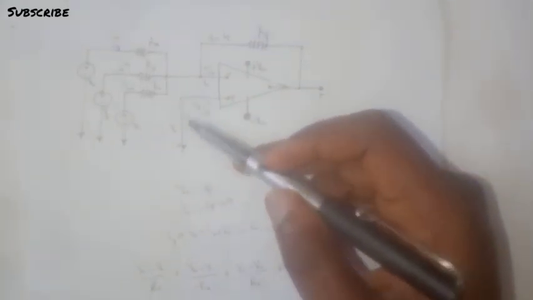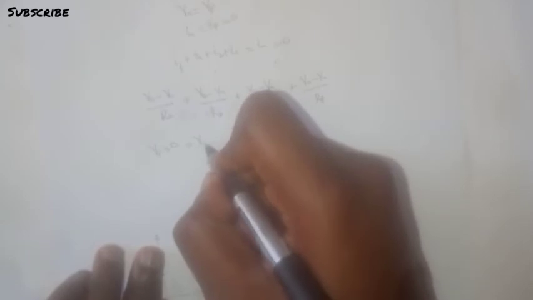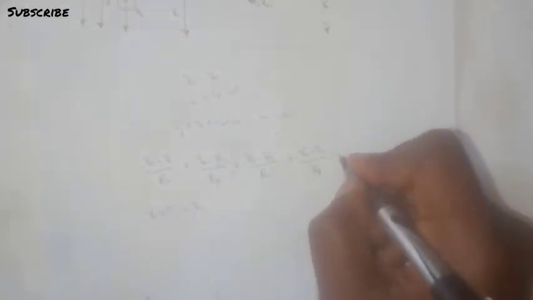Now because Vp is connected directly to ground, that means that Vp equals 0, which is also equal to Vn from our first constraint. And in that case, don't forget to equate this to 0, which is IN.